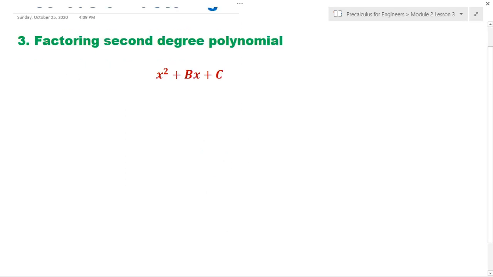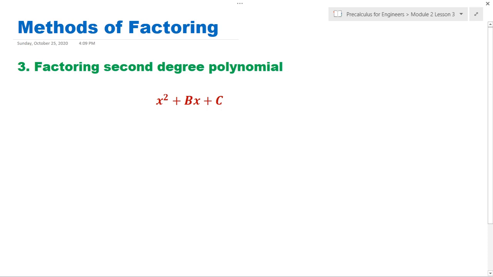Next, how about if we are going to factor out a second-degree polynomial of this type, x squared plus bx plus c. In this case, I can also call this a trial and error na pagpa-factor. Bakit? So, follow na lang sa procedure.